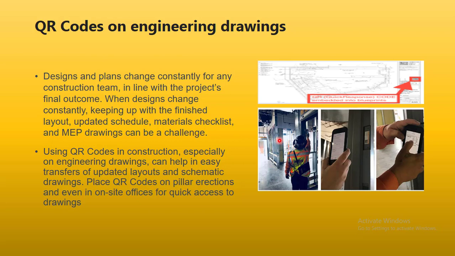So in order to verify that, contractors or workers on site can easily scan the QR code on a drawing to check for the latest version. By doing that, you will be able to avoid a lot of errors and mistakes that usually occur when you are working with an obsolete or outdated drawing.